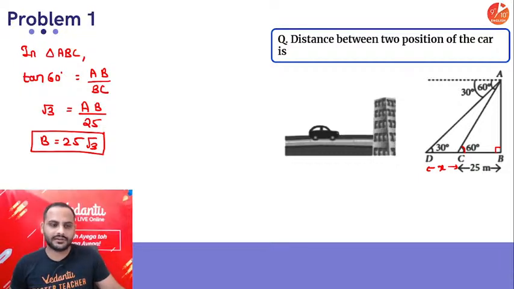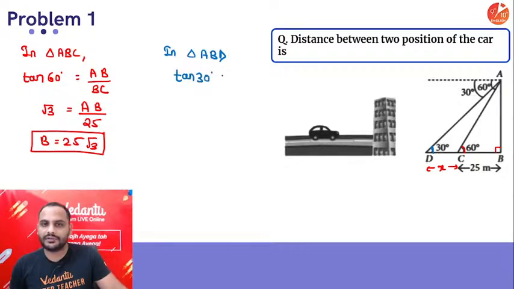Simple? Yes sir. Next, look at triangle ABD. In triangle ABD, tan 30 degrees is equal to AB, the perpendicular, upon BD, the base. Tan 30 is 1 by root 3.